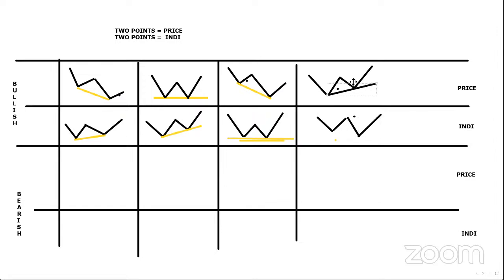This could also be a divergence. It's called hidden divergence. You can use this, nothing wrong with this. The difference between the regular divergence, the first one, and the hidden one is that the hidden divergence would be a continuation signal. On the other hand, the regular divergence is simply a reversal, a reversing signal.